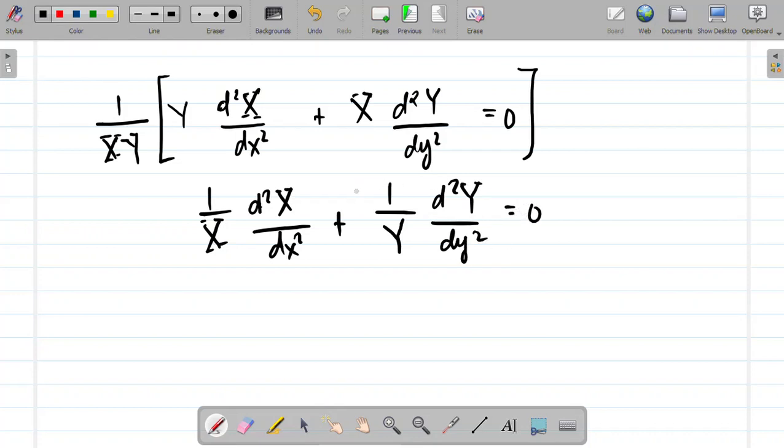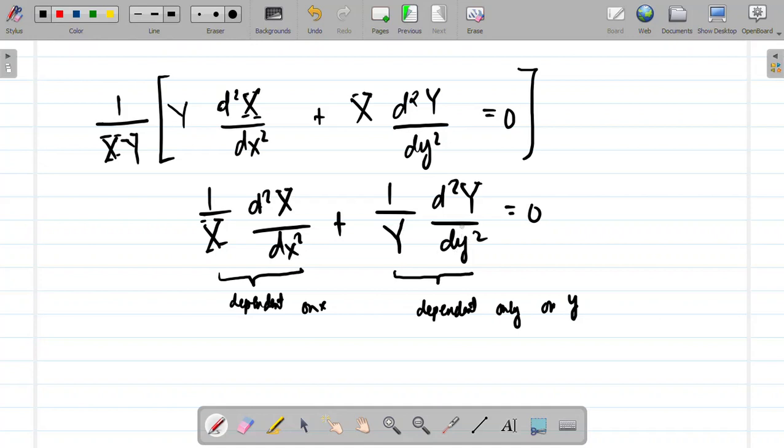So class, this term is dependent only on x. This term is dependent only on y. Okay? So class, if titignan nyo to, this one, changing to, di ba? Kasi dependent on x. Ito, dependent din sa y.